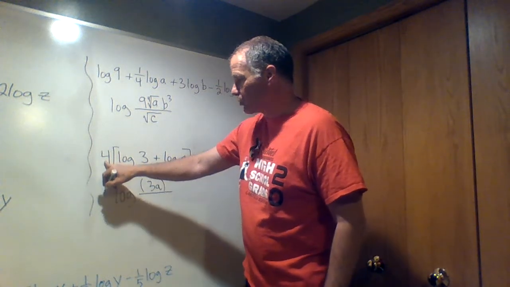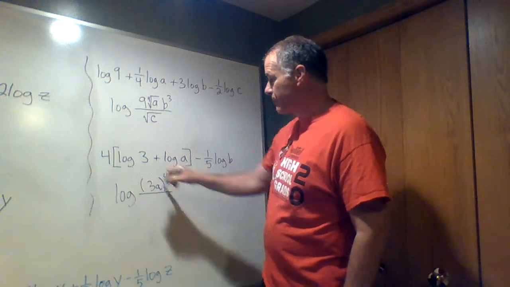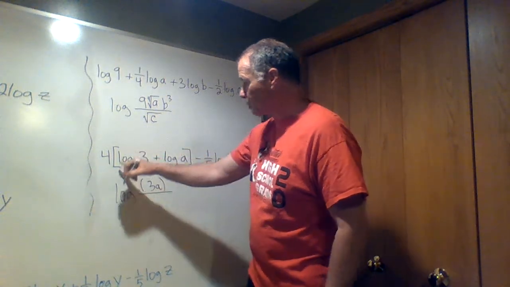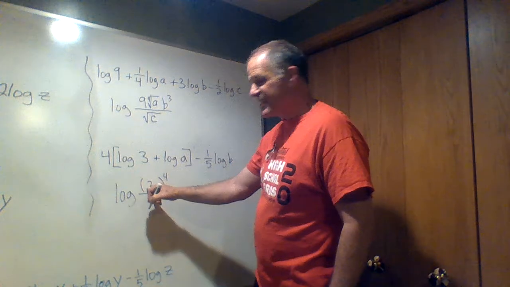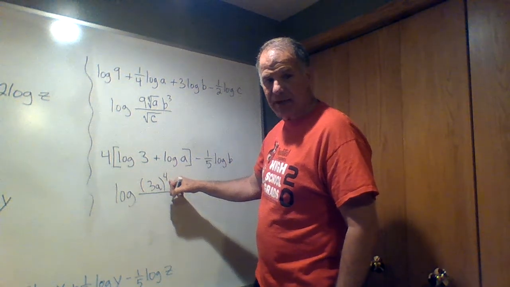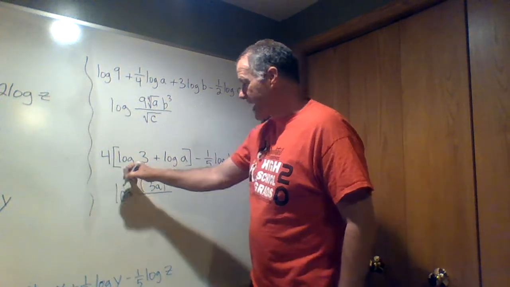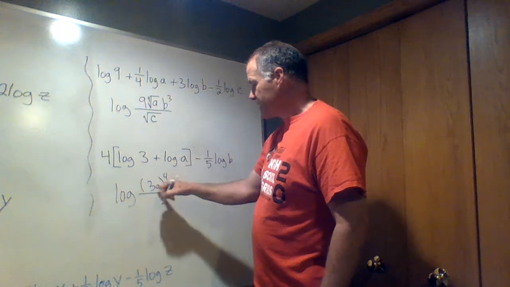Now that's a regular 4, not a fraction 4. So it's not a root 4, it's a power 4, and 3 and A are both inside the brackets, so both are being taken to the 4th power.